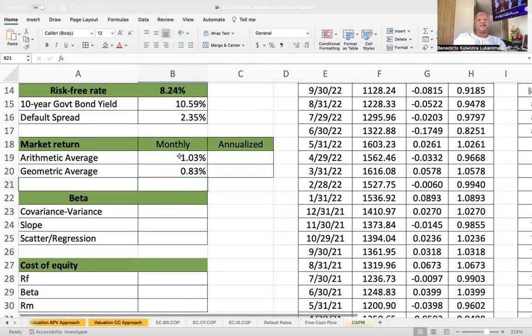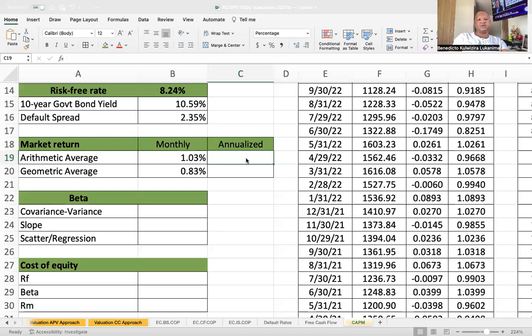So we have the arithmetic average 1.03 and 0.83. Take note that these are monthly averages. CAPM requires annual return. That's why we need to annualize each one of them. This is monthly data, so it will be annualized in the power of 12.